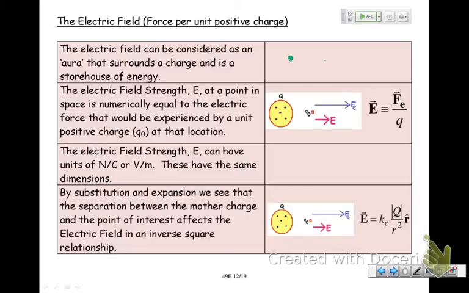Then in this case, our electric field is more complicated because we have two types: positive charges and negative charges. So we say that if you pick a point in space, the electric field will go in the direction of a positive charge if you put the positive charge there. So if this is positive, the electric field would be in that direction.